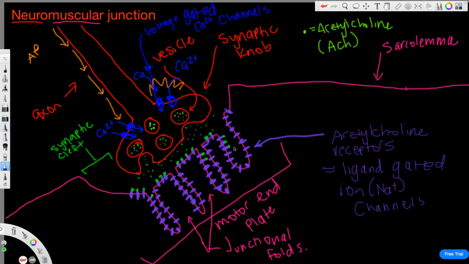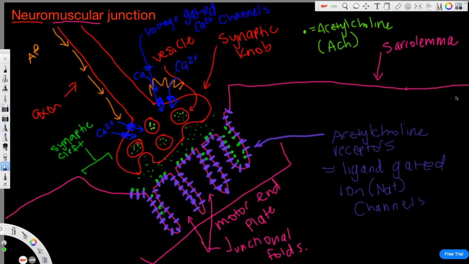And I'm not going to fill every single receptor with acetylcholine because acetylcholine binds and then the receptor opens for a little bit and lets go and then binds another unit of acetylcholine and so forth until the acetylcholine from the cleft is exhausted.